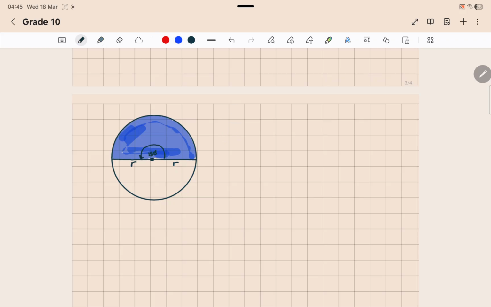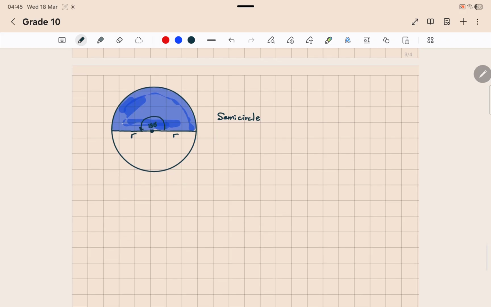So these are special types of sectors. The other special type is the quarter circle.